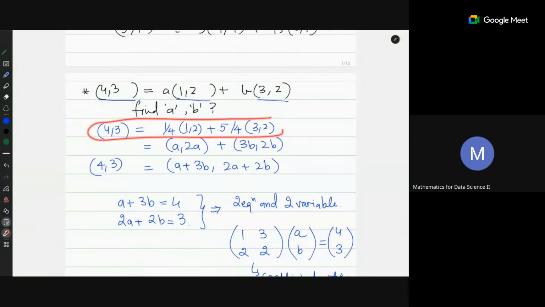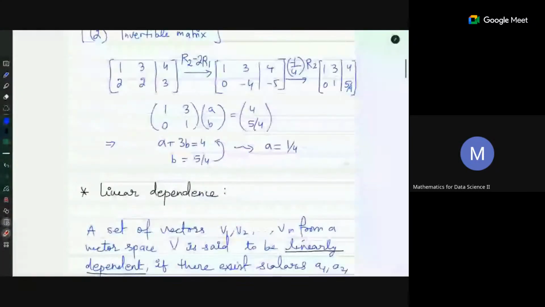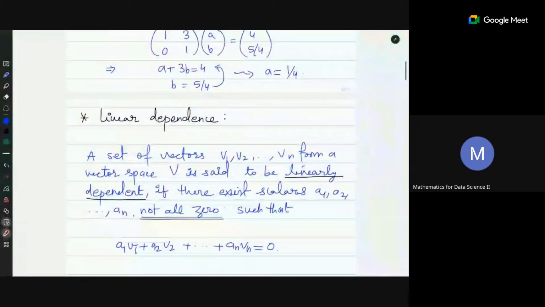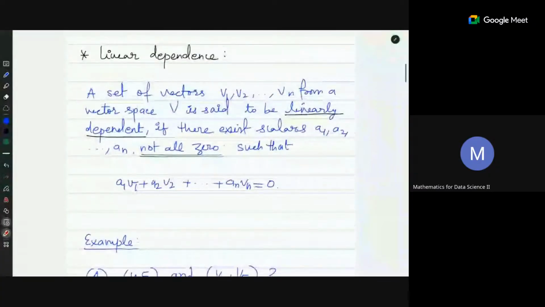So this is how you can express any vector in terms of other vectors, by solving this system of equations. You have also seen the concept of linear dependency in R2, which we discussed in the last session.